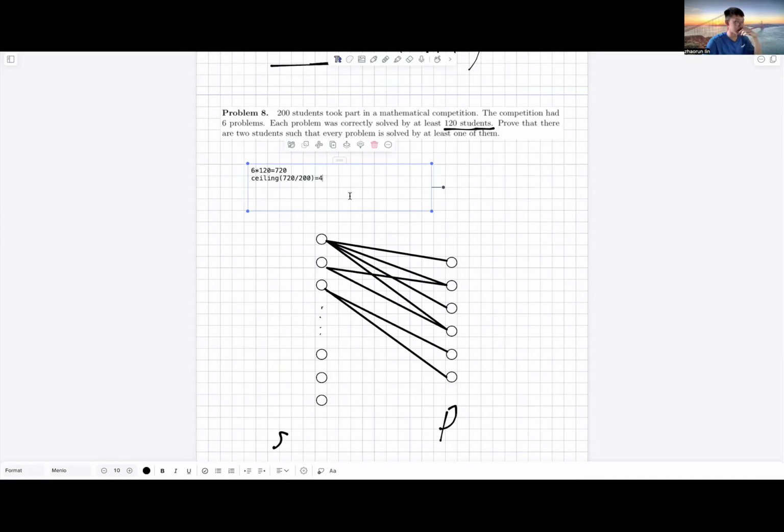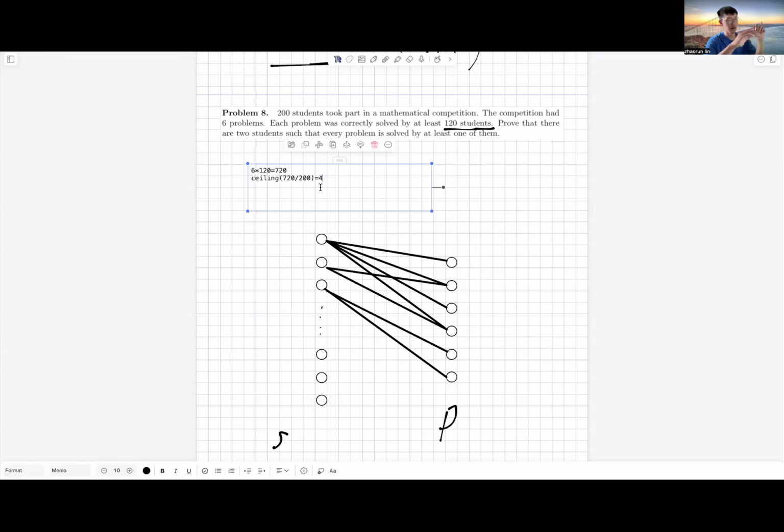So what it means is that if we take every edge and put it between one of the students on the left and one of the problems on the right, then there must be a student on the left that has 4 edges.